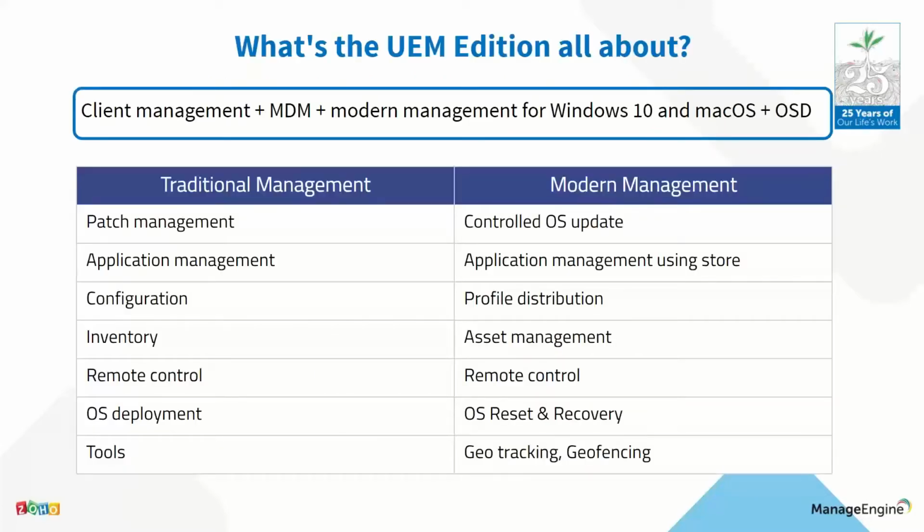Now, what does this Desktop Central Unified Endpoint Management Edition have? People who've been in IT for more than 10 years would understand the point products. We called it client management. The traditional management of point products for patching, application deployment, and asset management purposes, we had client management tools. Along with that, you add mobile device management and enterprise mobility management, which came in after that to manage your mobile devices in a similar fashion: patch them, deploy applications, and deploy secure configurations to them.